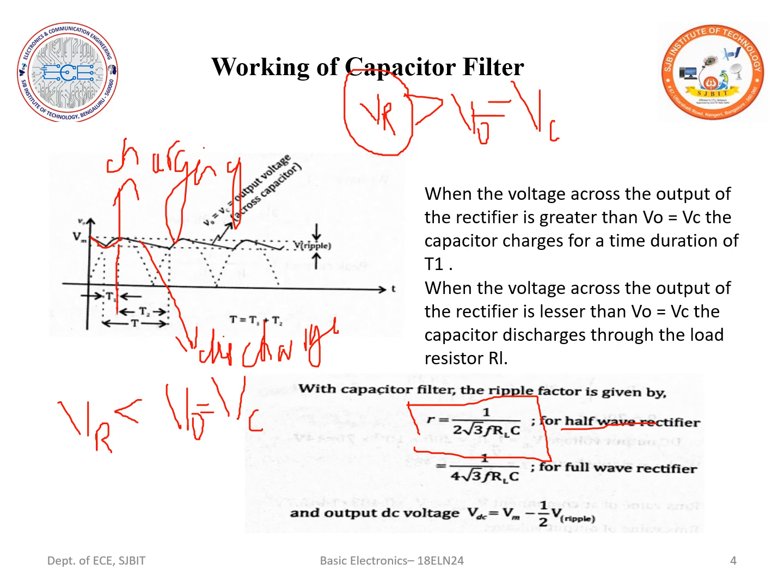When we go for the full wave rectifier, the ripple factor is given by r is equal to 1 by 4 root 3 f RL C. So this is about the ripple factor when we connect the capacitor filter circuit across the rectifiers.